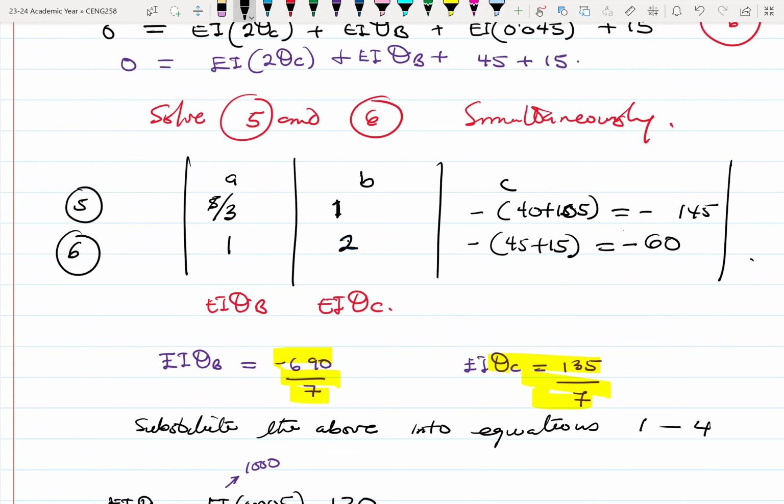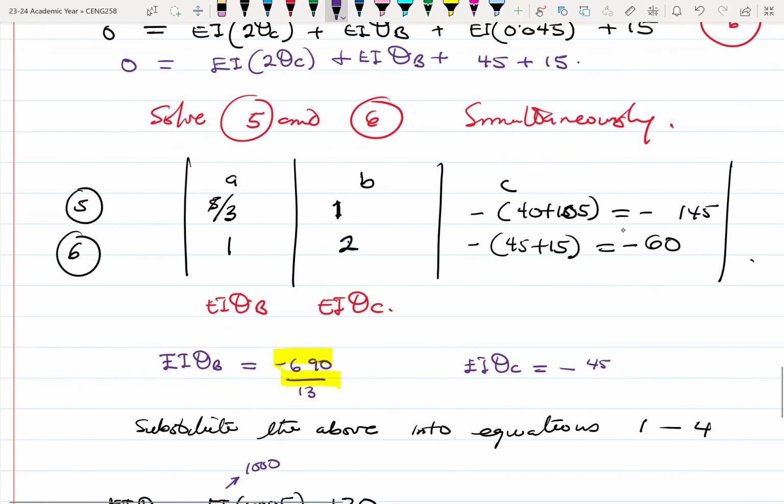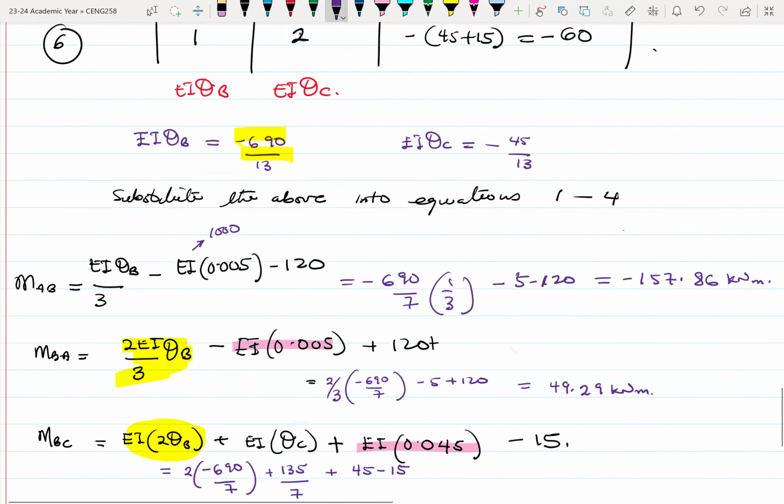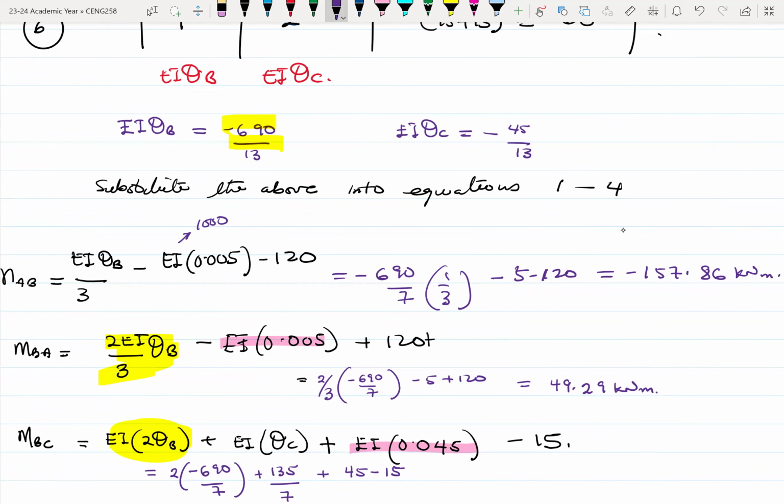So when you do the simultaneous equations, this becomes minus 690 over 13, not 7. And then this becomes minus 45 over 13. Okay, so let's correct a few things here.